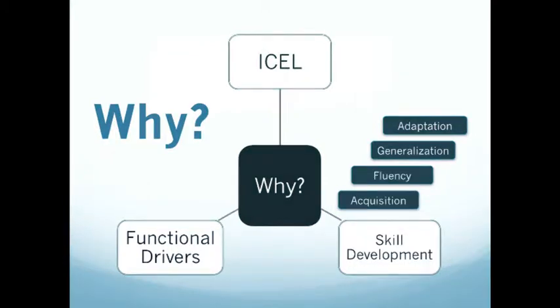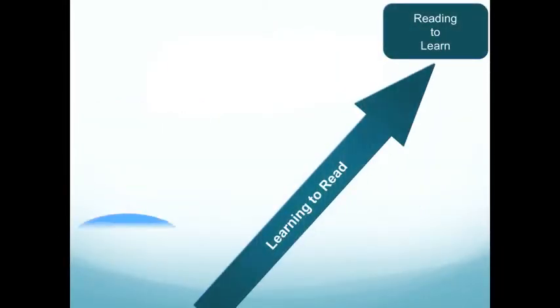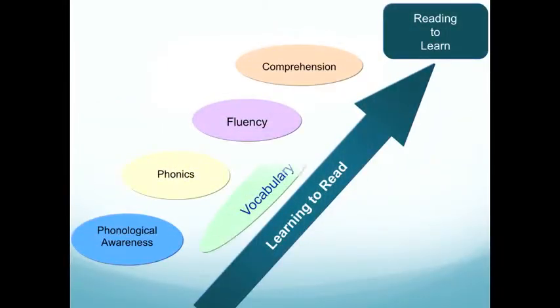So now let's go back to our example, which we know is in the area of reading. We also know that reading does progress along a very particular process. Everything from first being able to play with sounds within words, to being able to link letters to sounds, to being able to read words fluently, and finally to being able to comprehend written text.